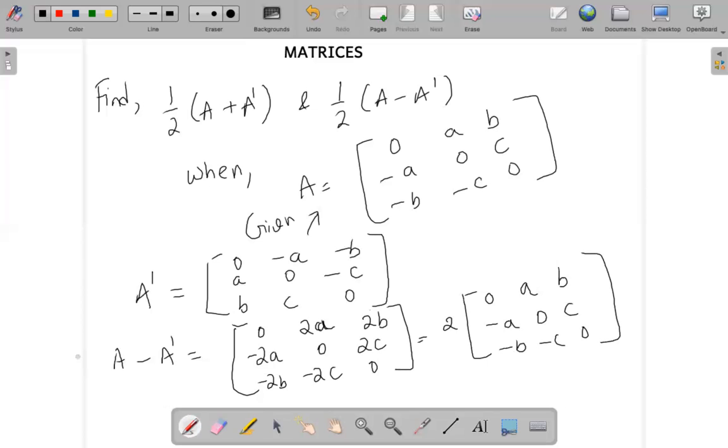Now we want to find what is half of this. So divide this by 2. So this 2 gets cancelled. So we'll get the final answer as this. So this is the final answer.